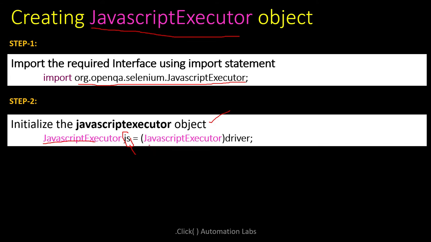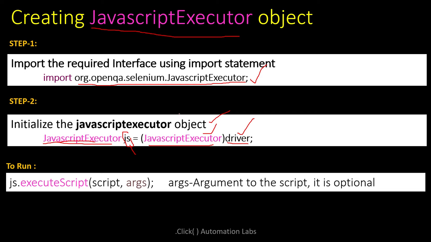You need to use the driver object, and this is called typecasting, so that the WebDriver can have the capability of executing JavaScript. Just type this, and if you press Ctrl+Space, this import statement gets added automatically to your test script. To run, we have the js.executeScript method.